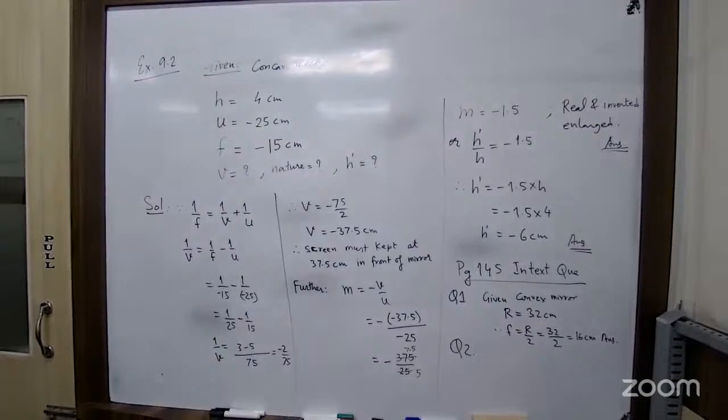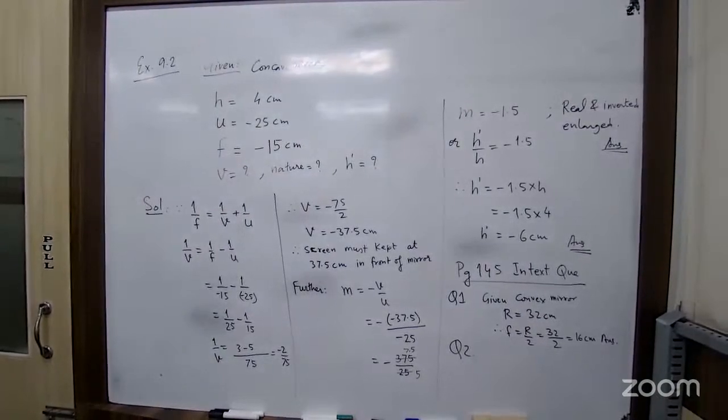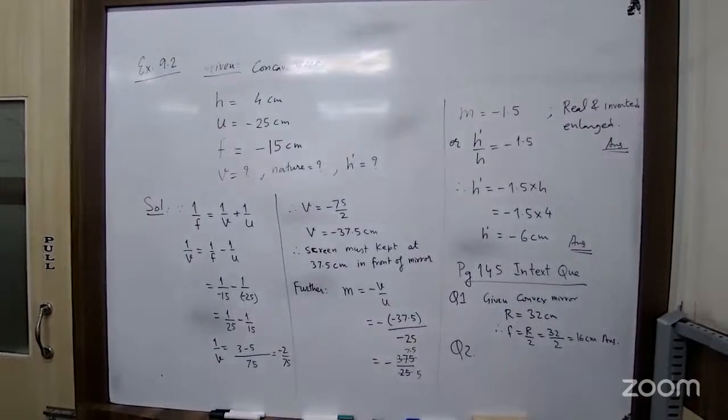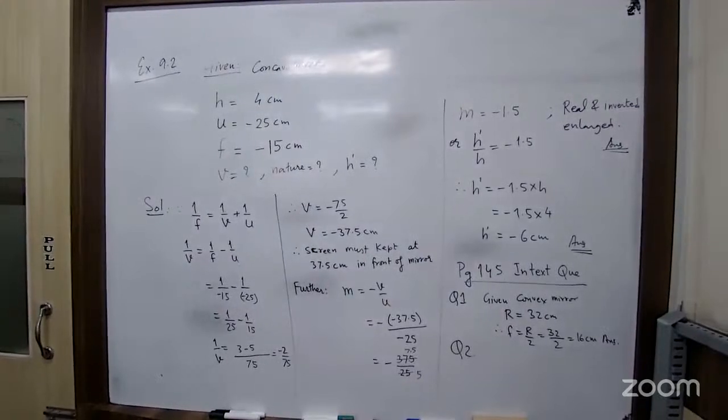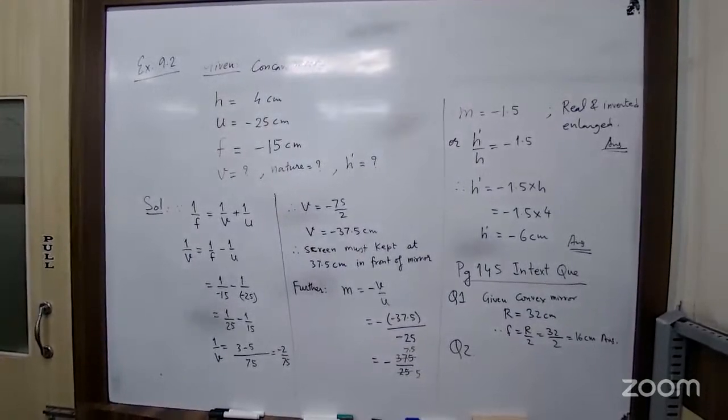A concave mirror produces 3 times magnified, in brackets enlarged real image of an object placed at 10 centimeter in front of it.